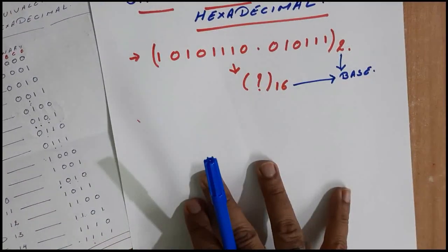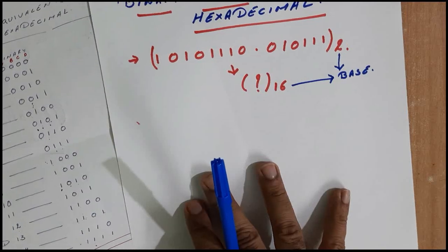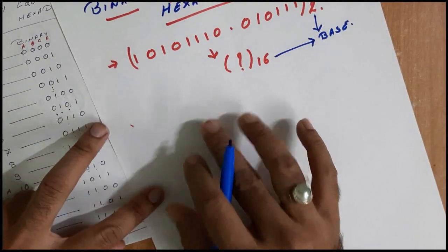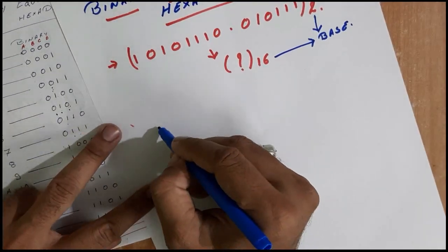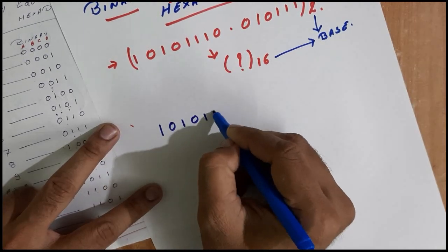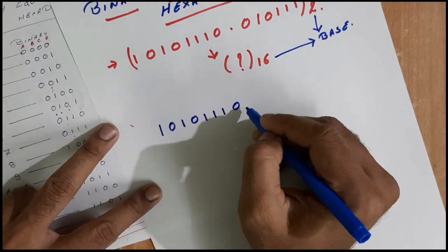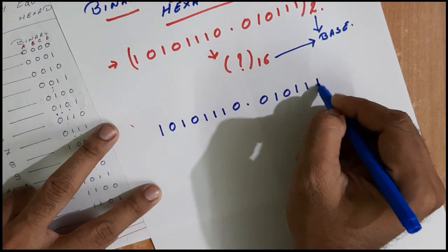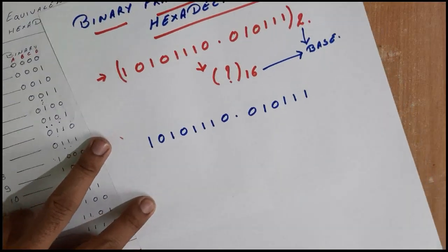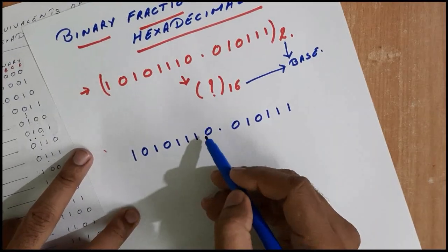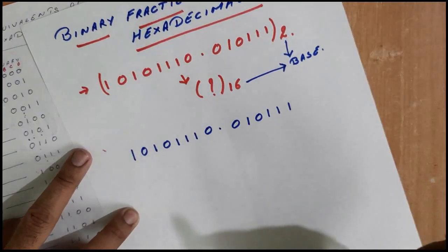We'll keep it over here. I'll remove this. Okay. Let's write down the numbers. 1010110.01011. Right, students? Now, we need to make the group of 4.